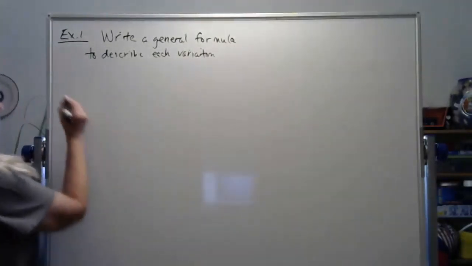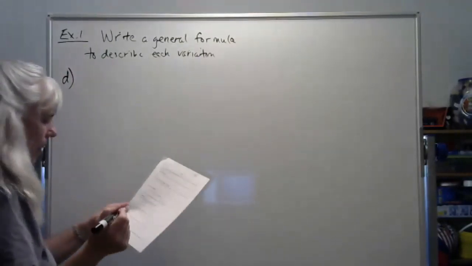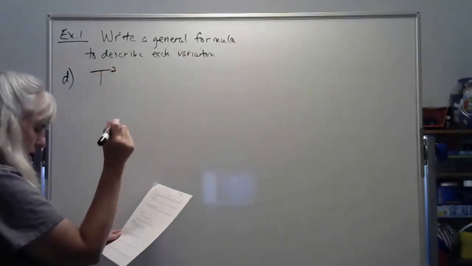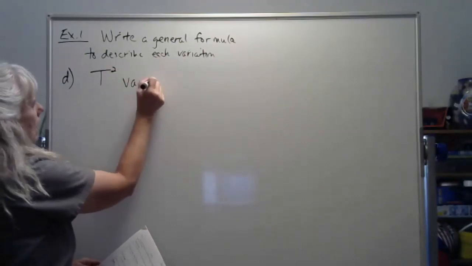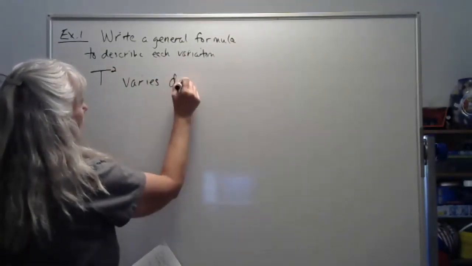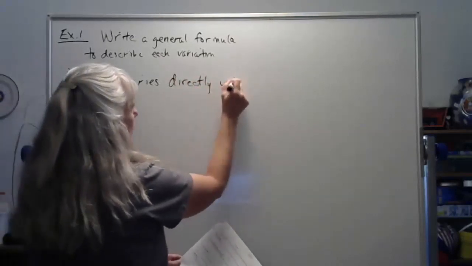Part D on that problem says the square of T varies, and it says jointly, but that is a typo. It varies directly. So again, there's a typo there if you printed them out.